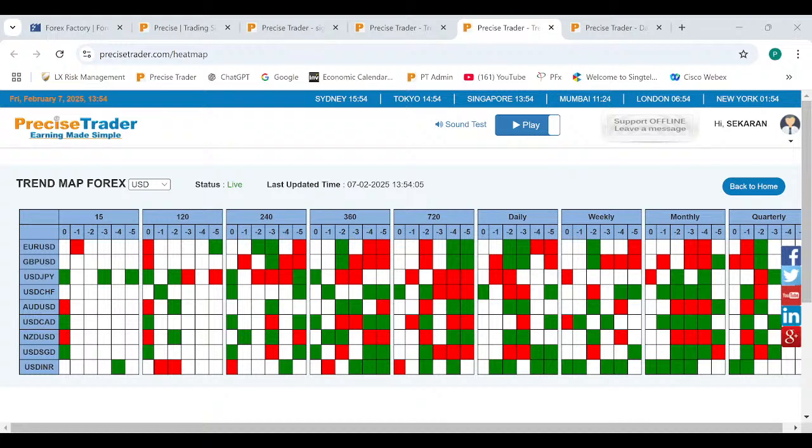Then your 2 hours: in another 5 minutes, this green will push down to -1. But your 4 hours, the zero will still be intact. So this will be for another 2 hours. Then your 6 hours will still be in green.